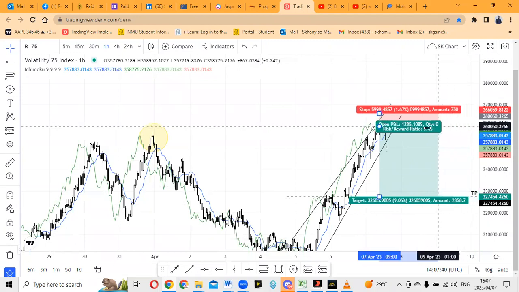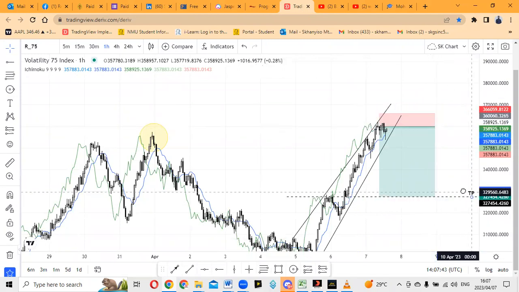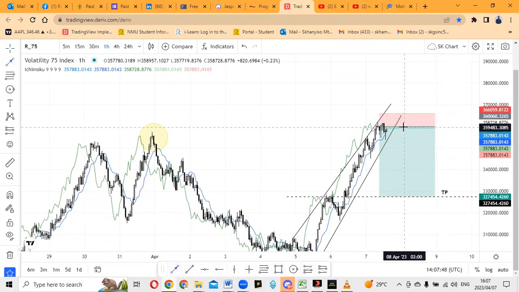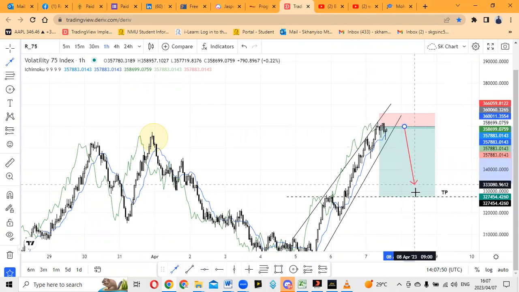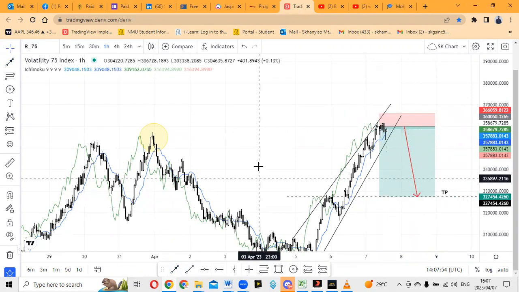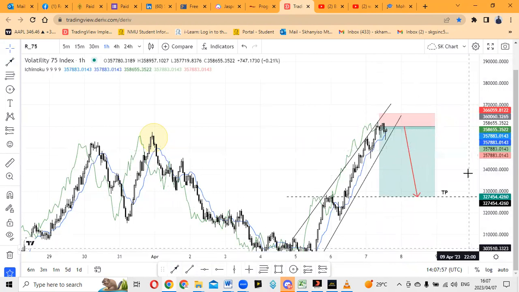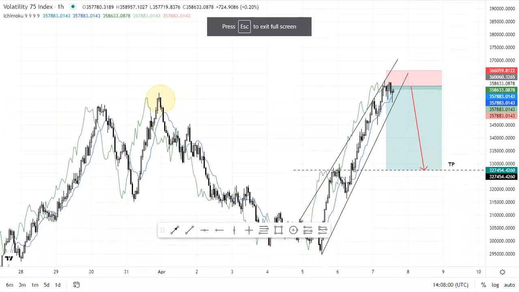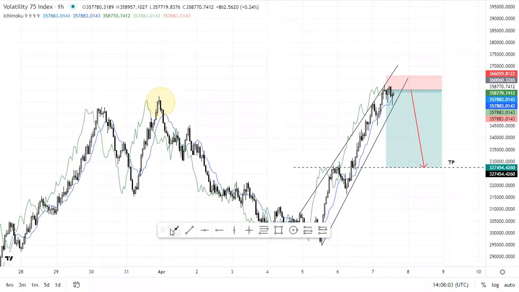Let me just fix this quickly. Our take profit is going to be all the way down here, as you can see, because we predict VIX 75 to start selling and come all the way down here. So this is going to be our trade for VIX 75, and we will see what it chooses to do.